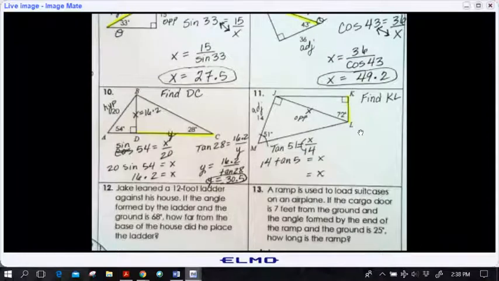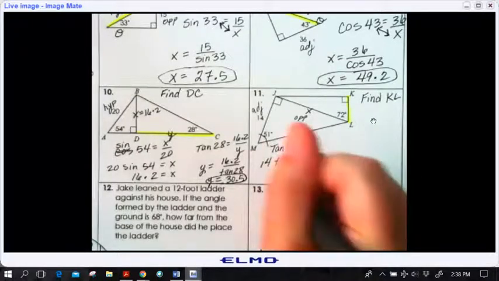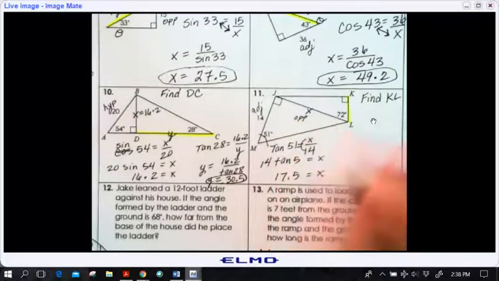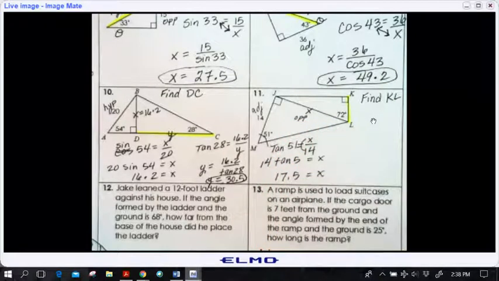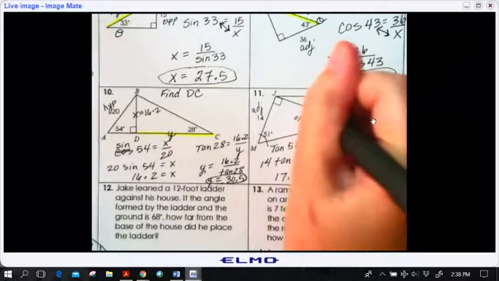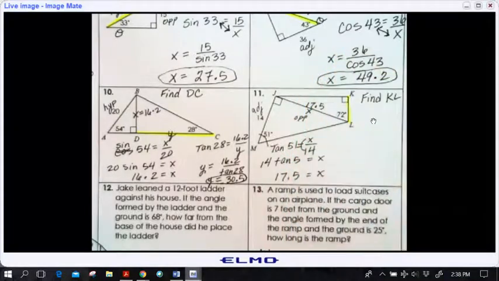When I do that, I will get 17.5. So that is the first part, 17.5. Now I'm ready to move into this second triangle.